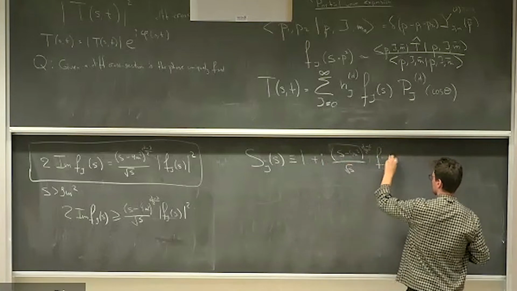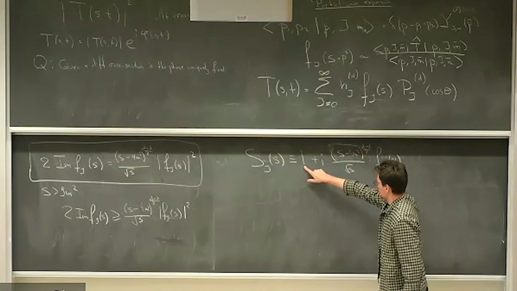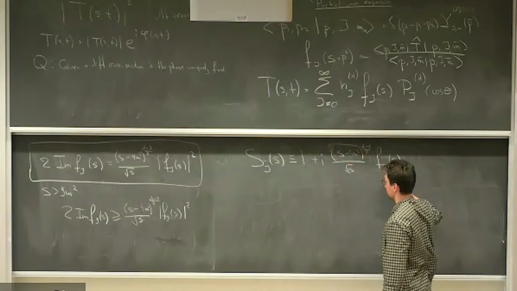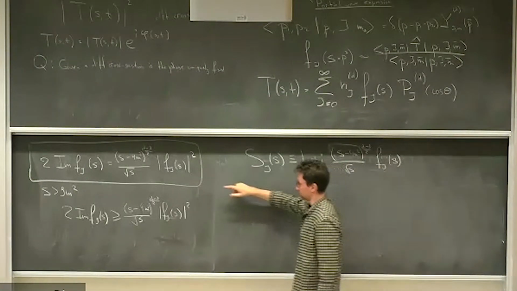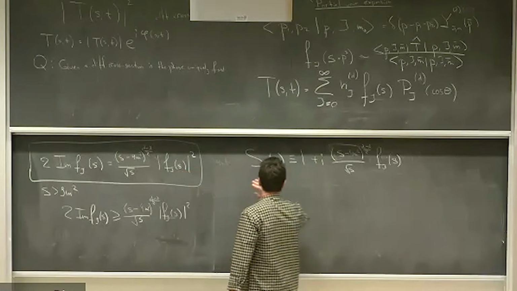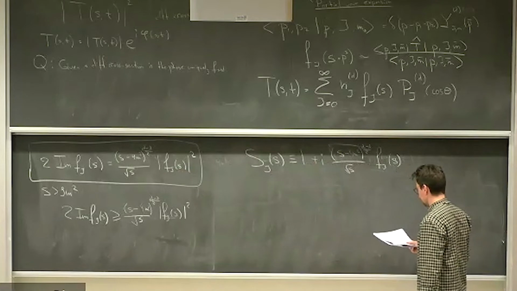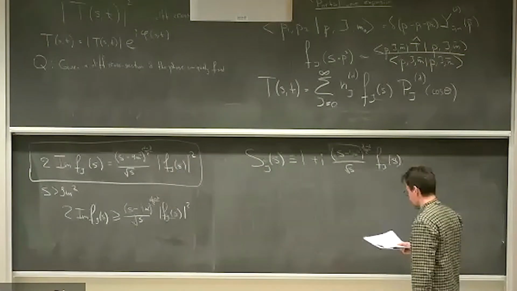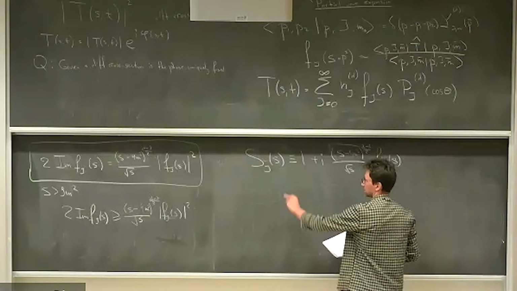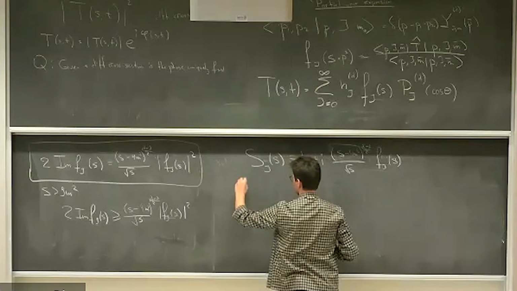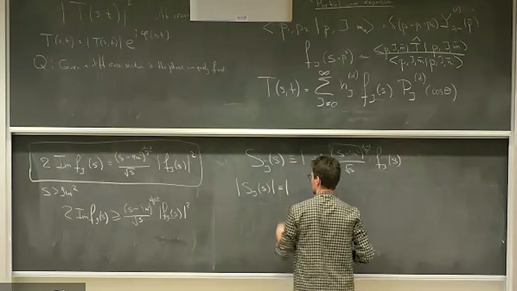In fact, this one corresponds to no scattering. And remember, when there are no interactions in a free theory, all this T is 0, f equals 0, and it solves this equation trivially. And so S_J(s) equals 1 is a solution to unitarity. And so the unitarity equation just becomes S_J(s) equals 1.